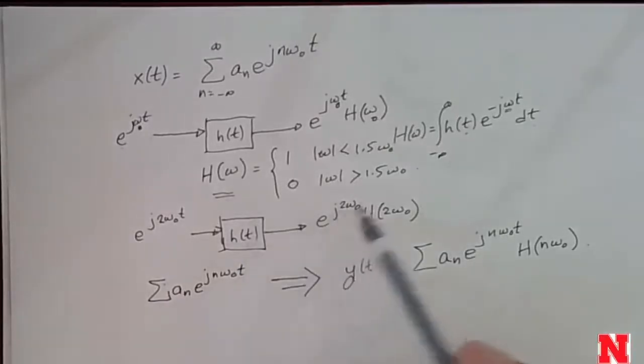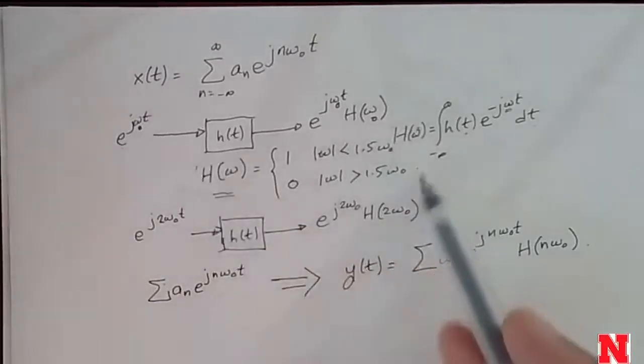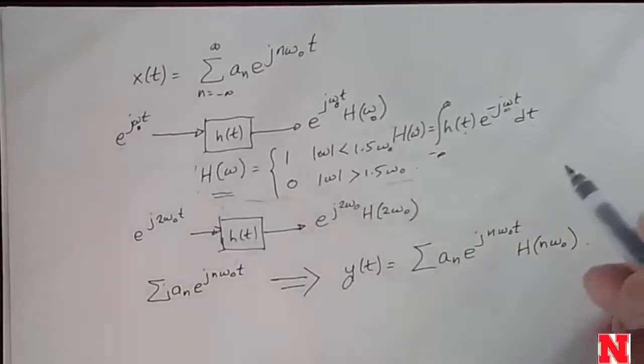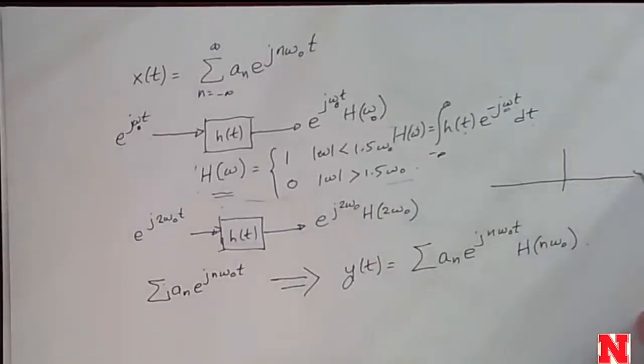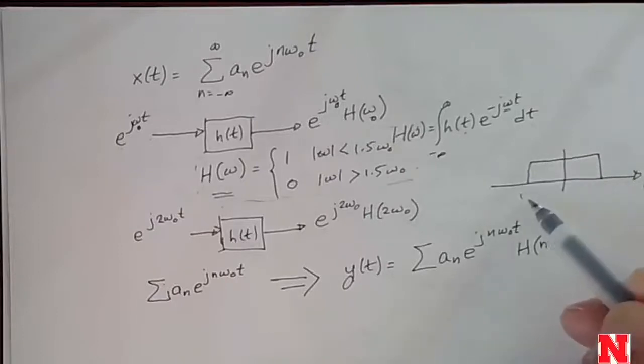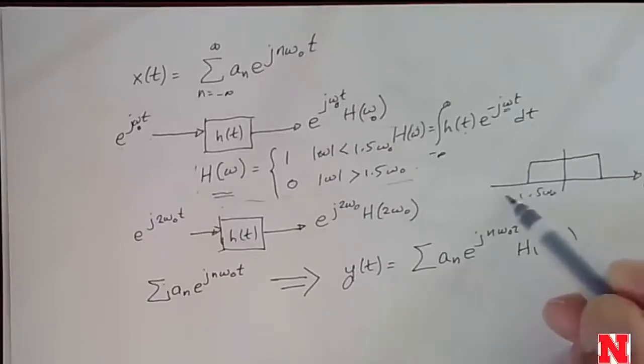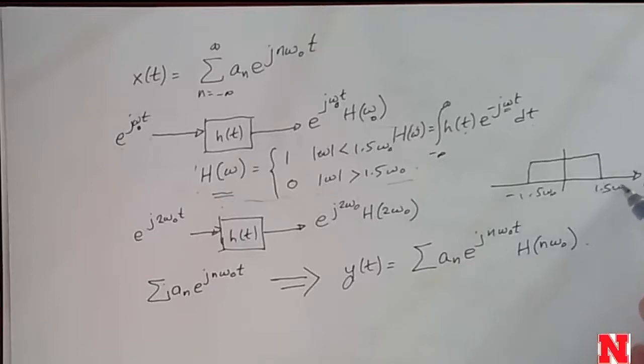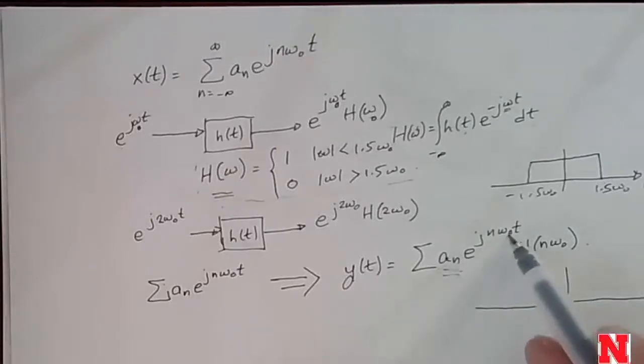So if the filter looks like this, if I plot it in omega, it goes from minus 1.5 to 1.5 omega naught. The coefficients here, a sub n, if I plot those in terms of which frequency they're associated with, a1 is associated with omega naught, so it has some value.